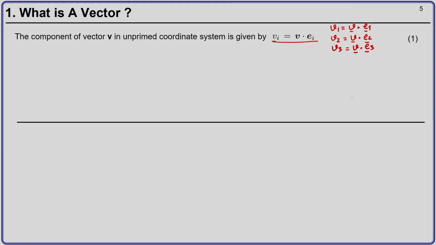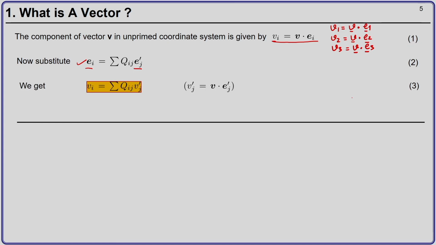So, once you have this, you know the relation between ei's and ej dash. This we saw in the previous slide. You can substitute this expression for ei in equation 1.